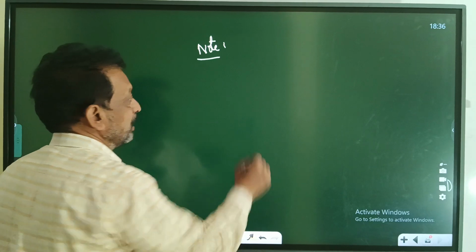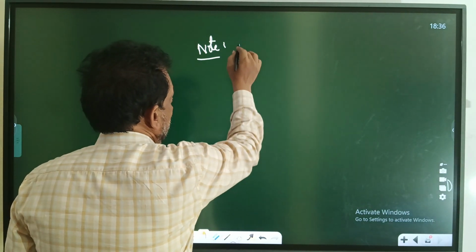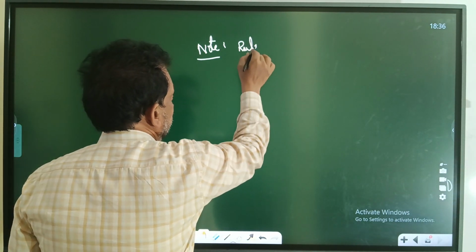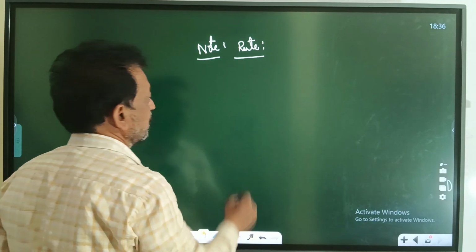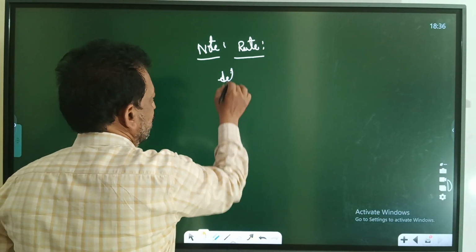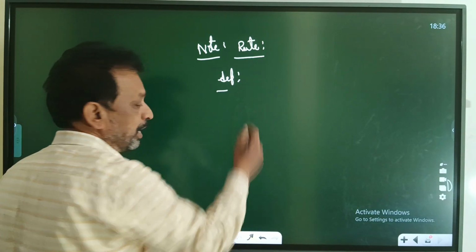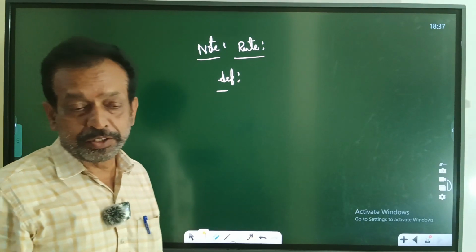In physics, rate. The definition of rate: when we say rate, the rate of change of velocity, your definition.